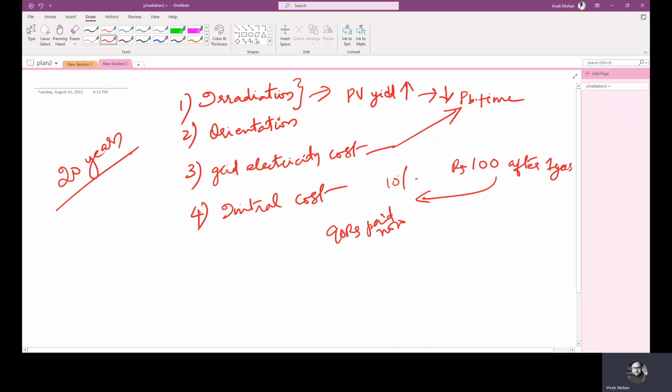Because if 10% is the inflation, whatever you are able to purchase with 90 rupees now, you will be able to purchase with 100 rupees only after 1 year. So if you get 90 rupees, somehow you can make it, with 10% interest, 100 rupees after 1 year. So this is what we need to consider while calculating the payback period. The time value of money has to be taken into account.